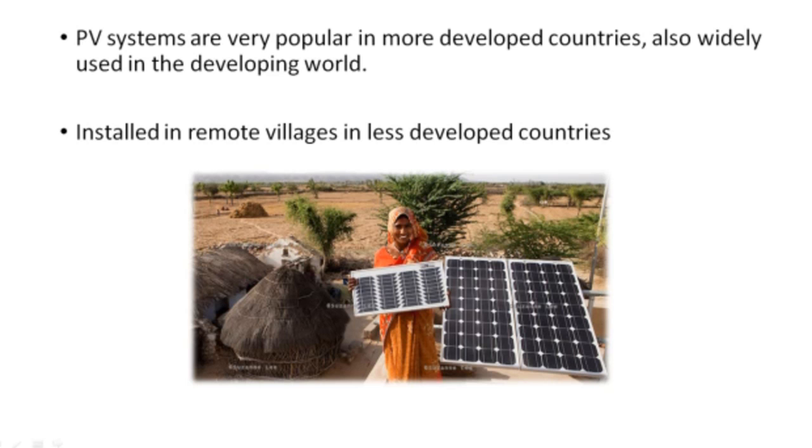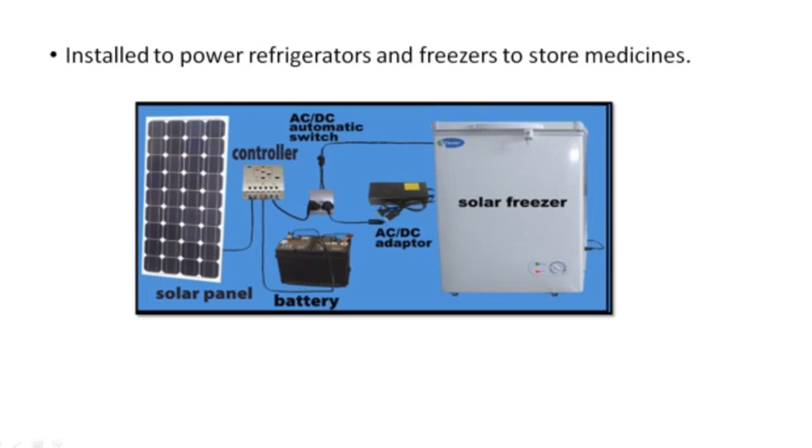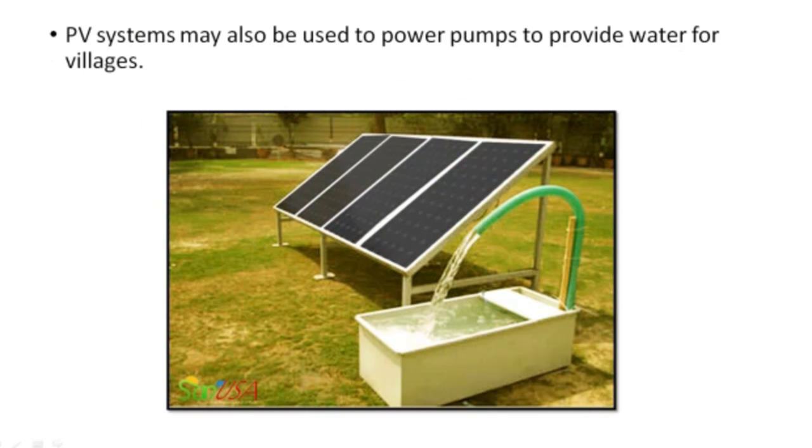They are being installed in remote villages in less developed countries to power lights and televisions. They are often installed to power refrigerators and freezers to store medicines. PV systems may also be used to power pumps to provide water for villages.